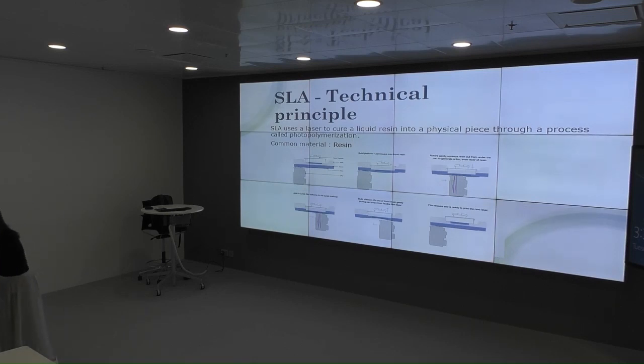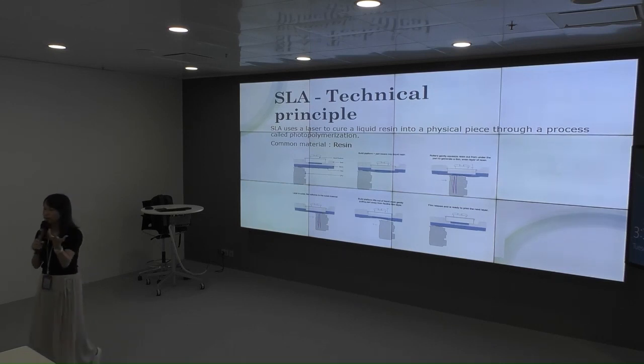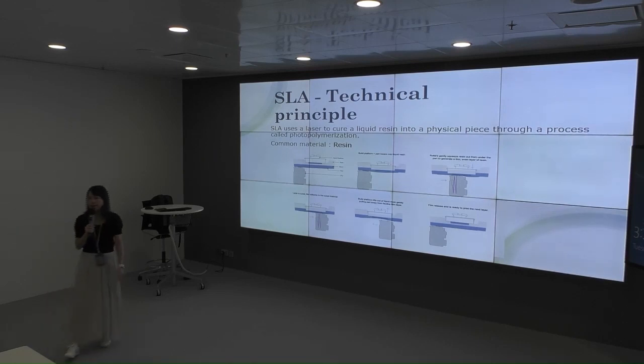For an FDM object, after you print it out, because it is built layer by layer, you may see the layers, so it is not very beautiful and fine. But for SLA technology, the result is very fine.